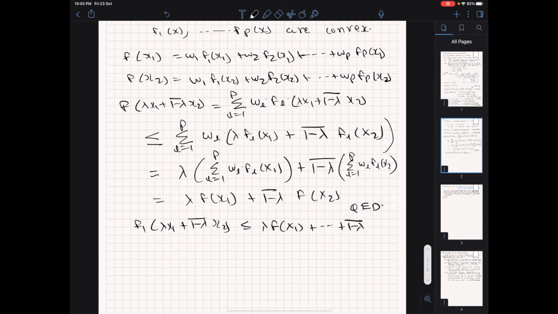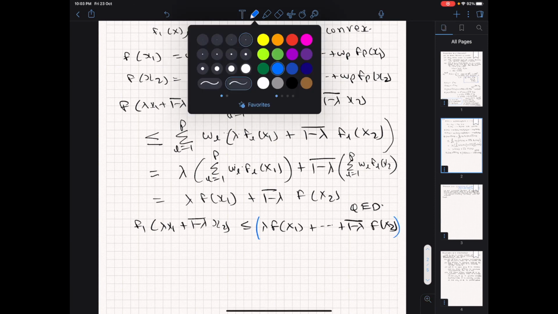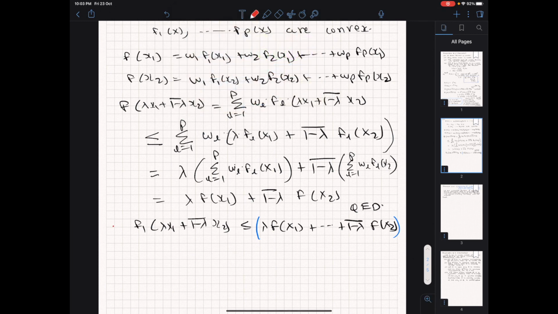I don't want you to miss out on how you manipulate inequalities. So what I am doing here is multiplying with w1, some weight, and because that weight is positive, this thing remains less than or equal to as it was initially. If w1 was negative, what would have happened?